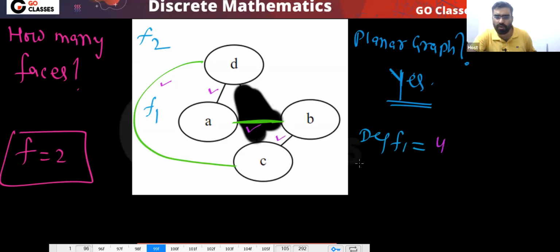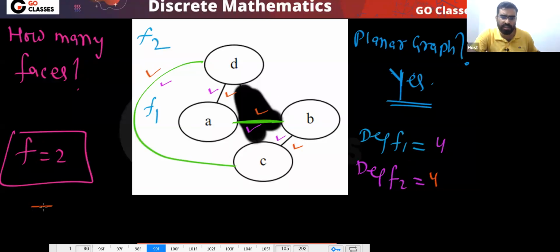So the degree of face 1 is 4. And what is the degree of face 2? 1 edge, 2 edge, 3 edge, 4 edge. So the degree of face 2 is also 4.